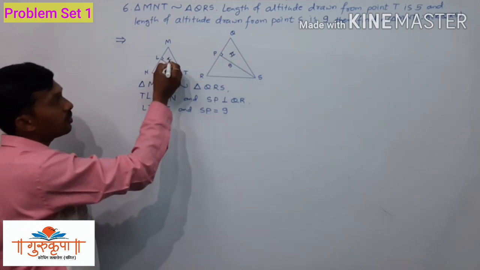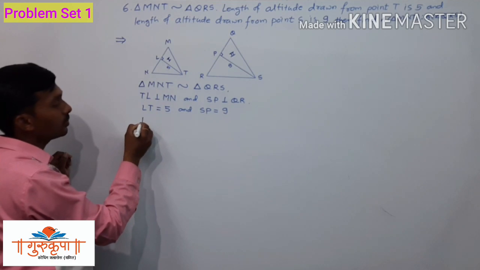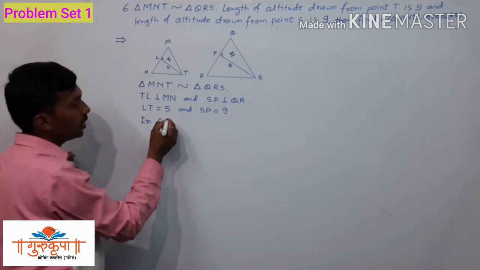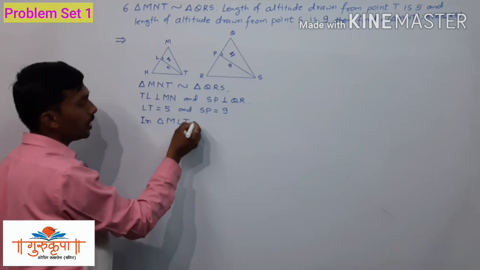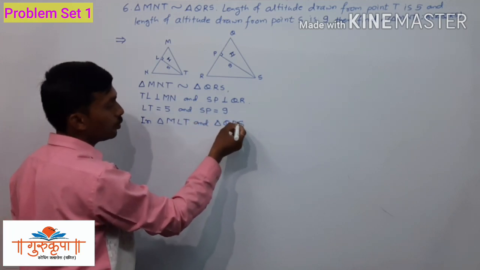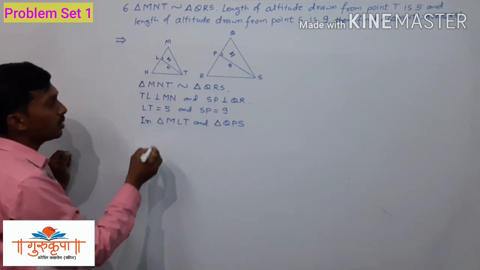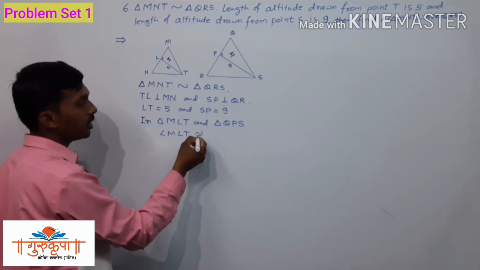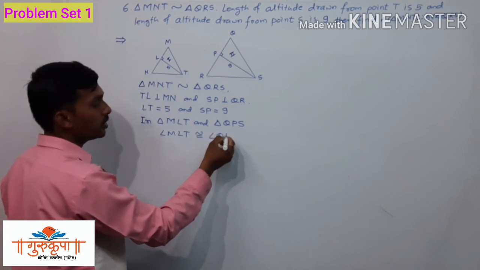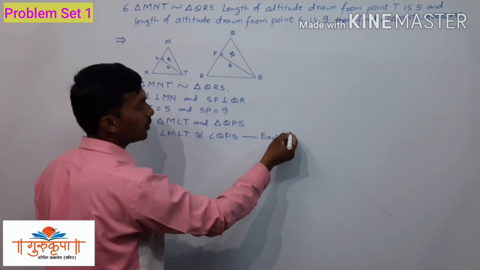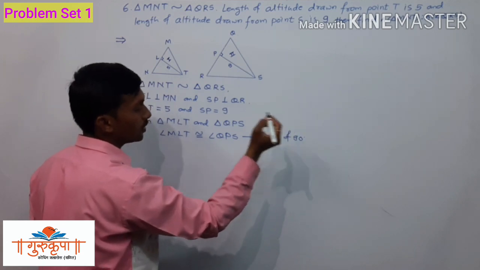So we will write the name of this triangle first. In triangle MLT and triangle QPS, we have to prove that these two triangles are similar to each other. Here angle MLT is congruent to angle QPS, and the reason is given information, or simply you can write each is 90 degrees.